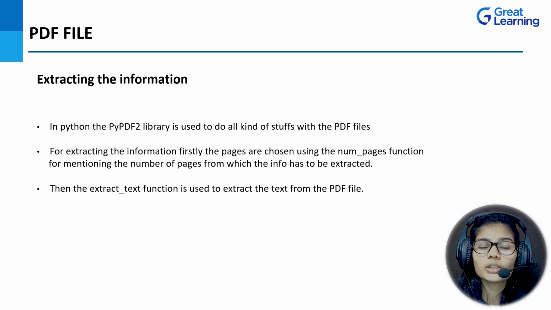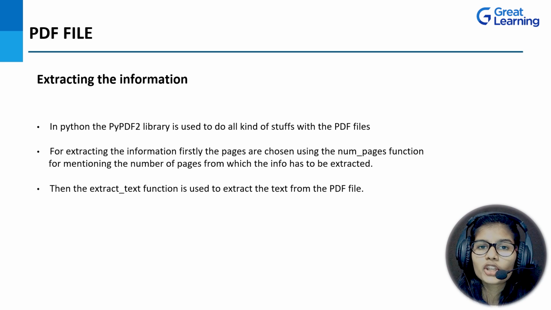Choosing the pages is done by the function called num_pages. It helps you get the information of a respective page, whatever you want. Then you have the second function, extract_text, which is used to extract the text from the PDF file.